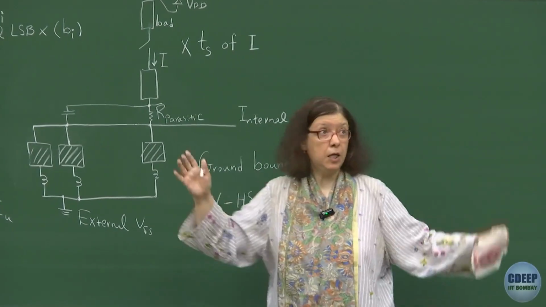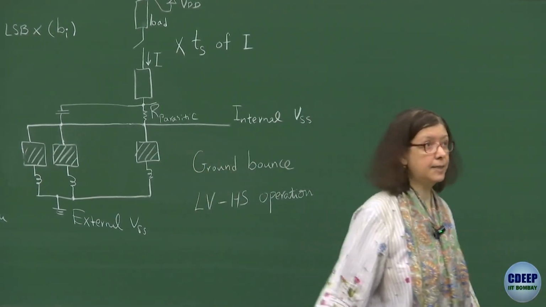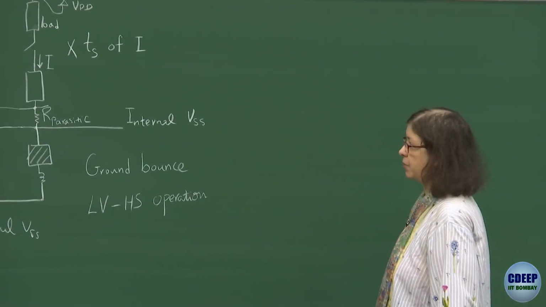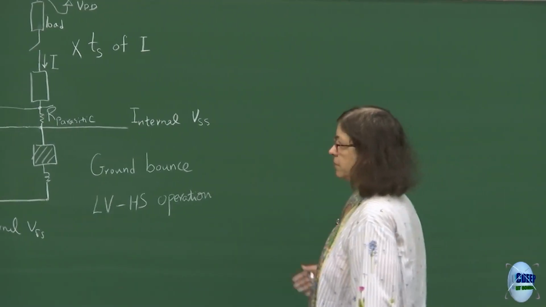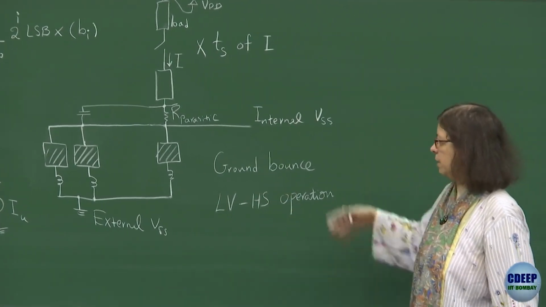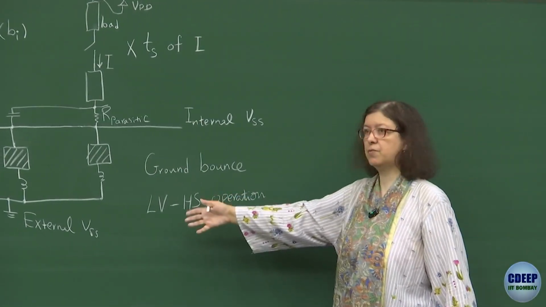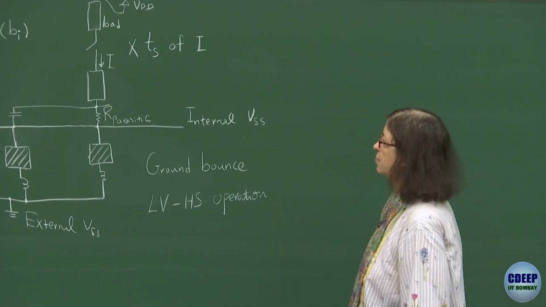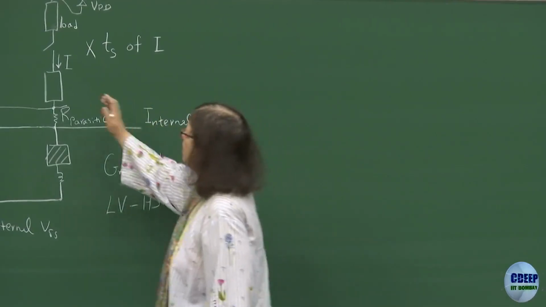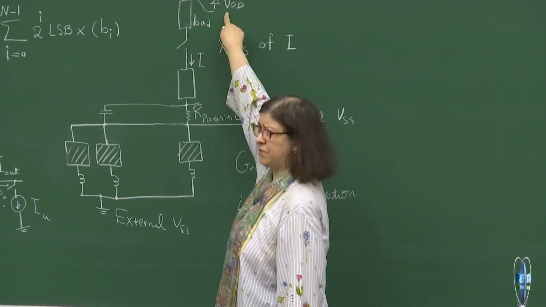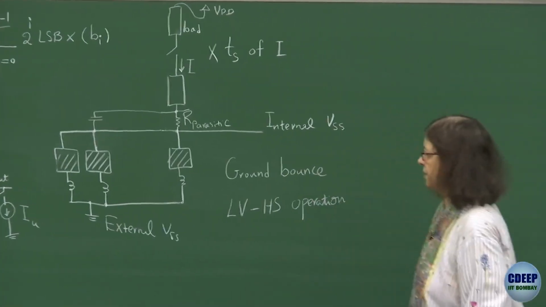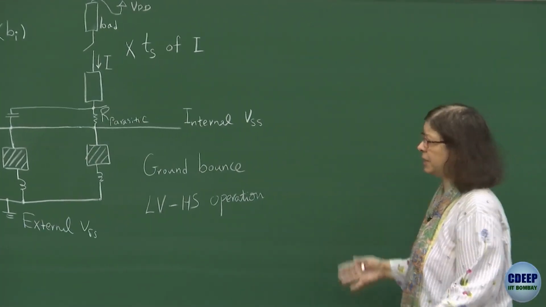In fact, large digital chips, a full-fledged, very high-speed processor, any kind of computational core, will have this kind of bouncing on the ground. In fact, every connection to the outside world may have some inductive effects, and internally even.